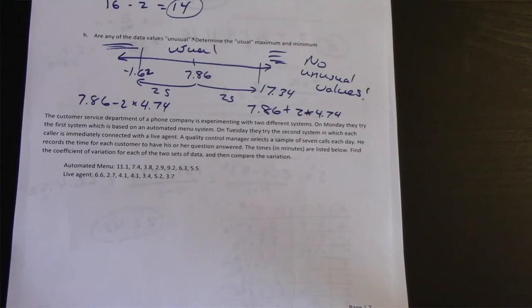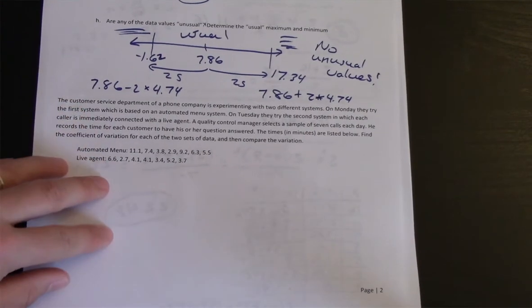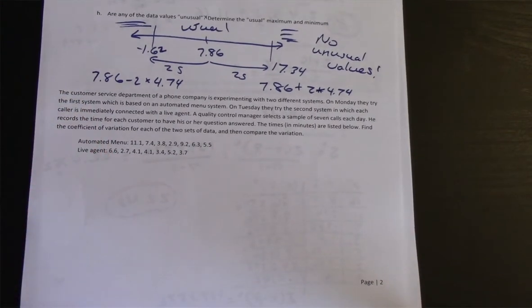Moving on to the next question. The customer service department of a phone company is experimenting with 2 different systems. On Monday, they try the first system, which is an automated menu system. Gosh, I hate those automated menu systems, right? And then on Tuesday, they try the second, which is the live agent.